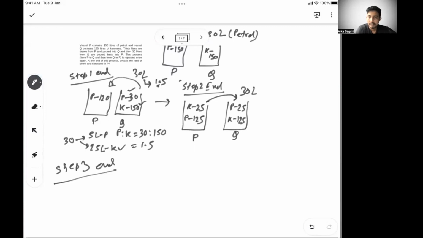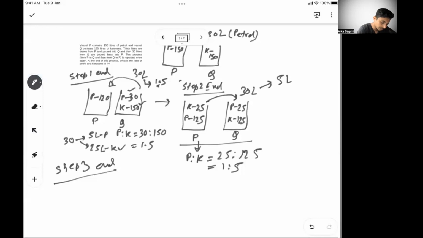Now, at the beginning of step 3, if you pick 30 liter, in this your petrol to kerosene is 25 is to 125, again in the ratio of 1:5. So the 30 liter you pick now will have 5 liter of kerosene and 25 liter of petrol.